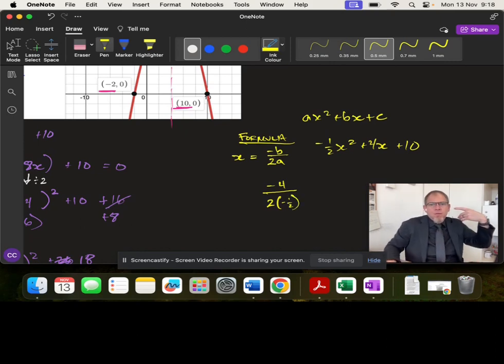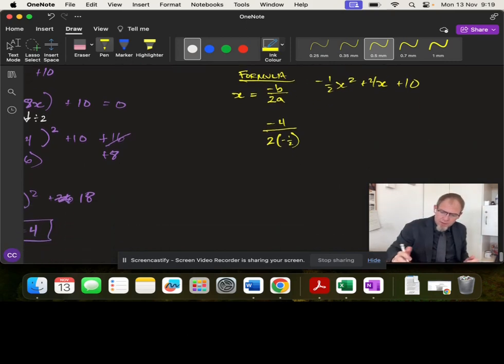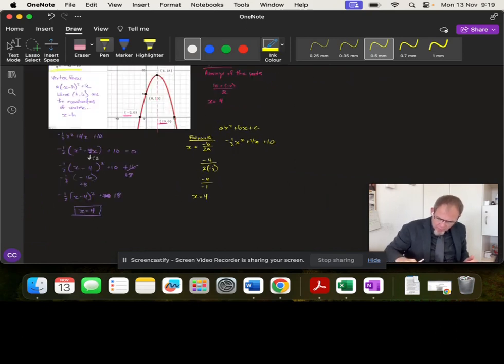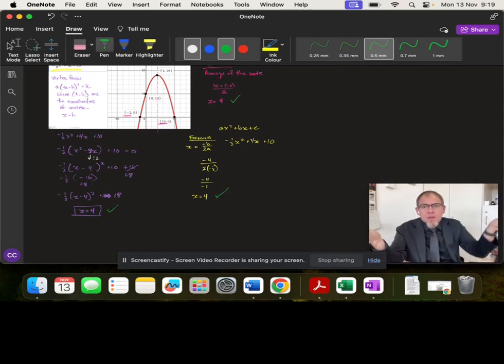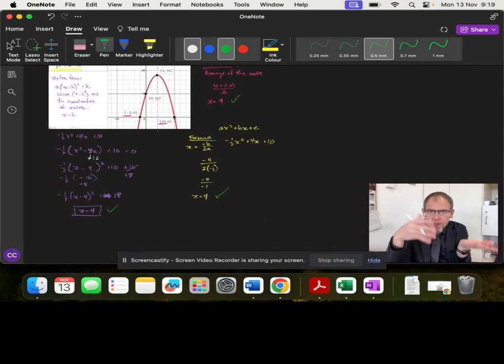Well, 2 times negative a half is negative 1. And negative 4 divided by negative 1 would just give me x equals 4. And as we can see, all three of these ways, despite some original difficulty on my completing the square, get us the same value. And looking at it graphically, that's what it is.